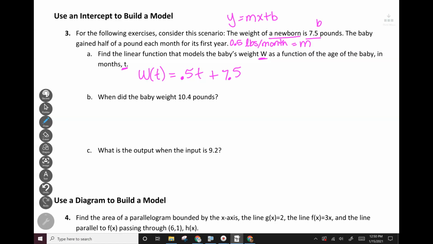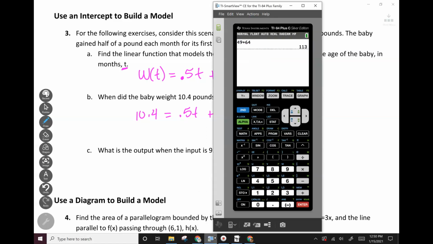When did the baby weigh 10.4 pounds? Okay, so let's plug 10.4 in for w, the weight, and solve for t. This problem's actually a little bit easier than the ones we did yesterday, in my opinion.